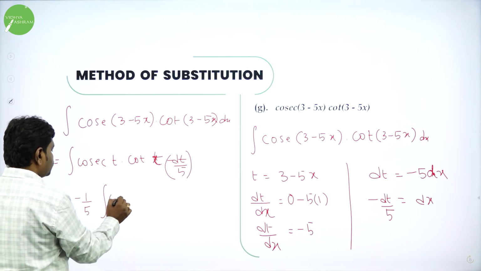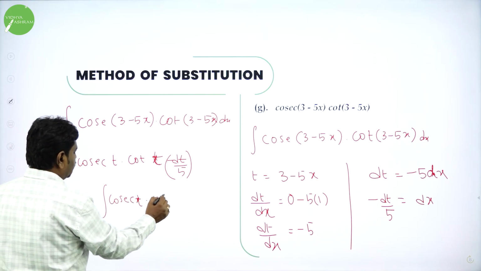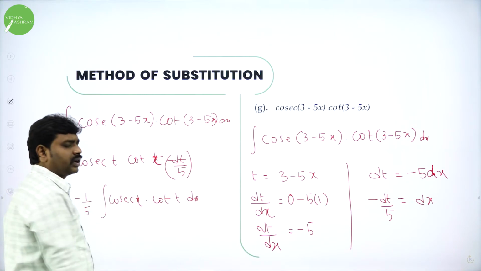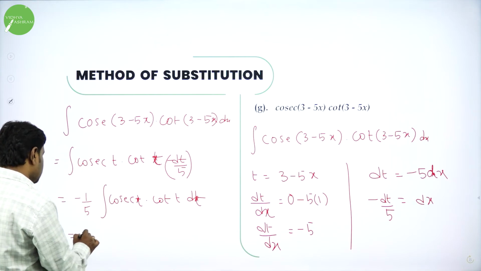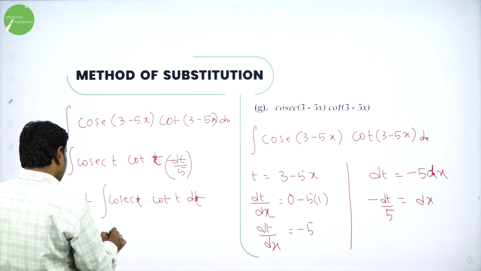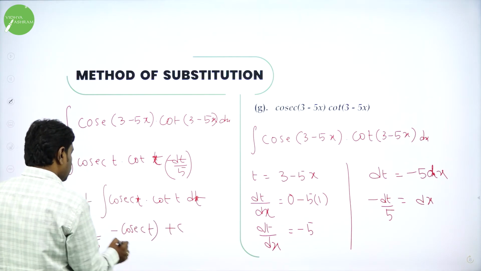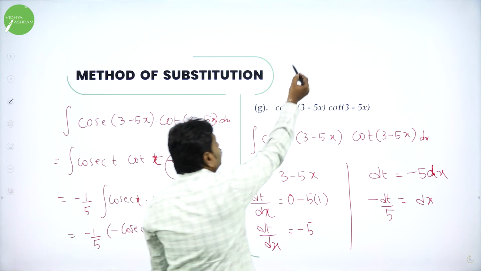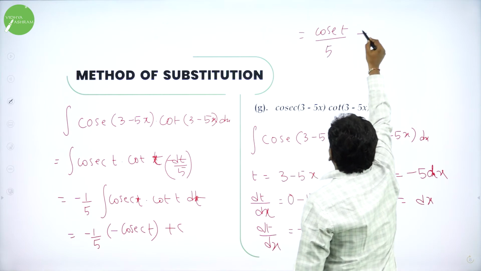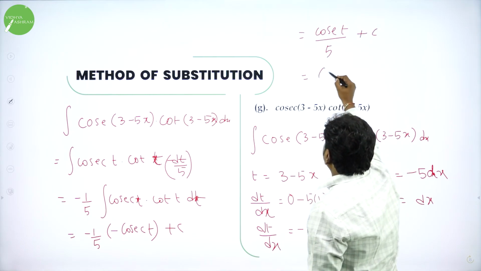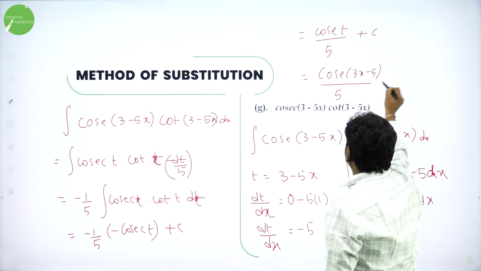So the integration of cosecant t cot t dt. It is in the form cosecant x cot x. What is the integration of cosecant x into cot x? Minus cosecant x. So minus 1 by 5 into minus cosecant t plus c. Minus into minus becomes plus. So the answer is cosecant t by 5 plus c. What is the t value? 3 minus 5x. Cosecant of (3 minus 5x) divided by 5 plus c is the answer.